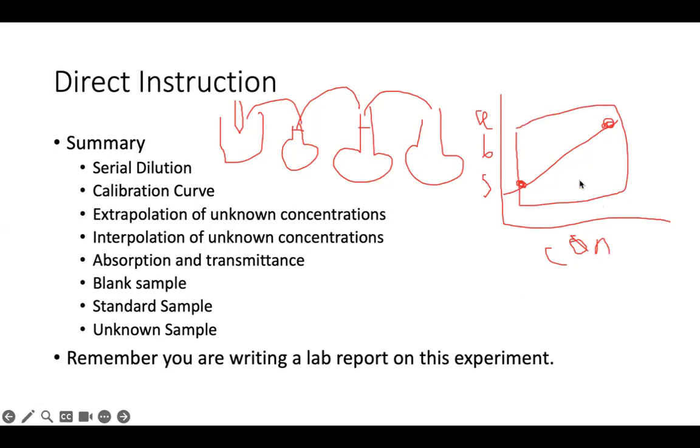That is more accurate than extrapolation, where we have standard 1 and standard 6, and then let's say our unknown is way after. If we're assuming this line remains linear all the way at higher concentrations, we're making a big assumption there. That's called extrapolation because it's not within the data.